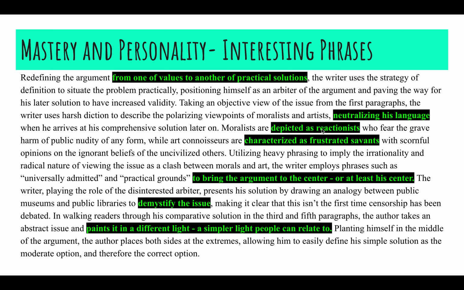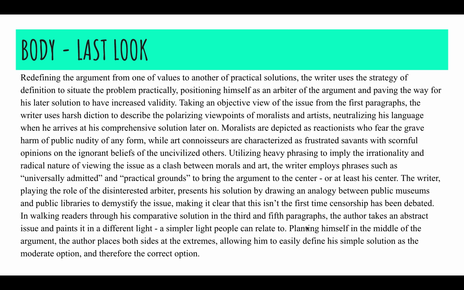Here the writer decides to use this word to characterize how they're being portrayed. And it's true and very interesting. Frustrated savants. That's a neat phrase. Bring the argument to the center, at least his center. There's personality here. Demystifying the issue, a simpler light people can relate to. This essay has personality and in turn denotes mastery of language.